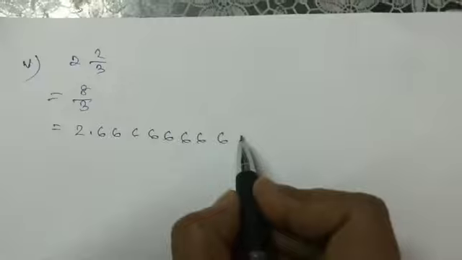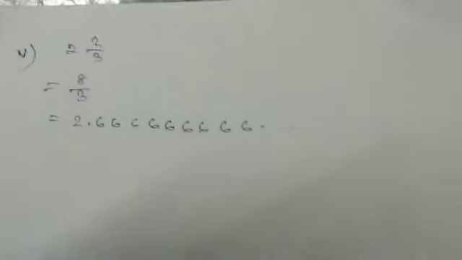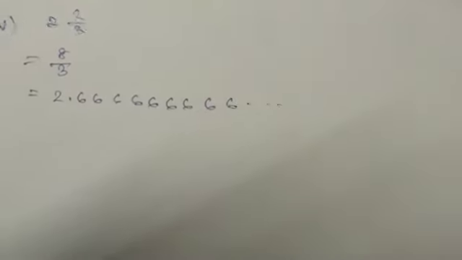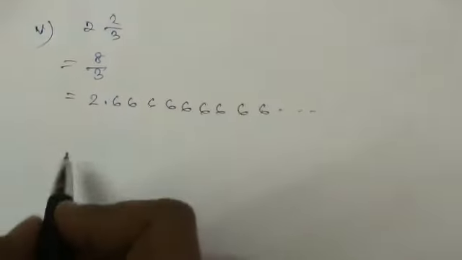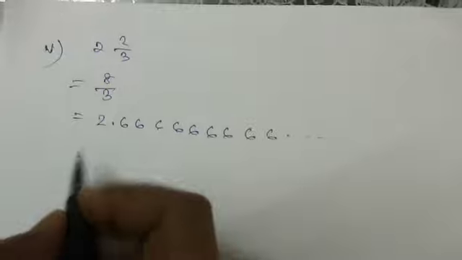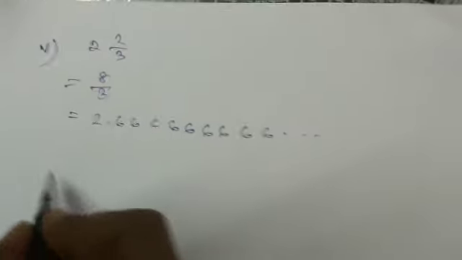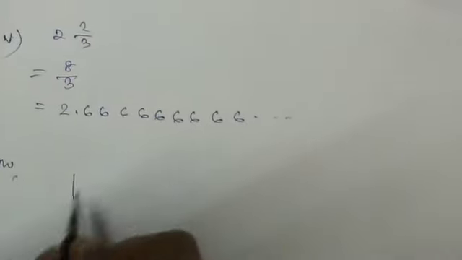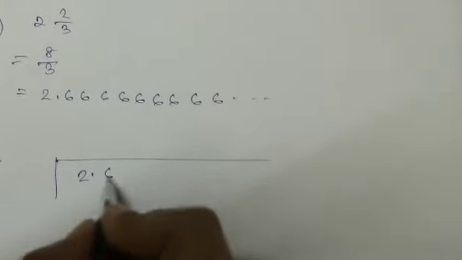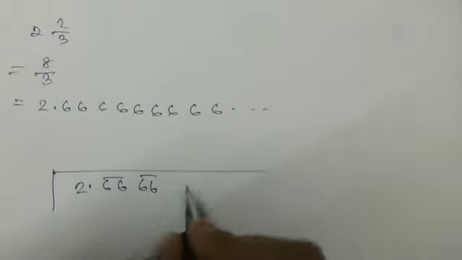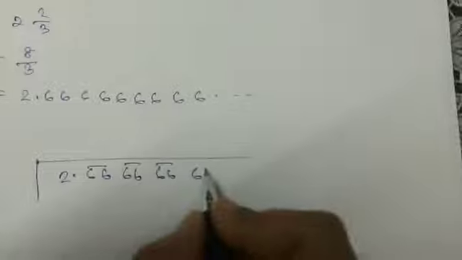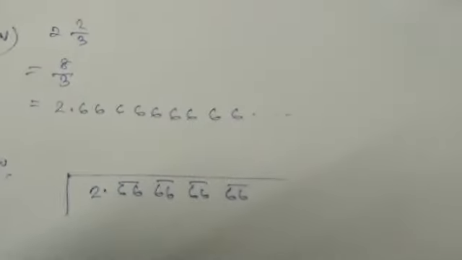But as we are finding 3 decimal place, so we need 4 pairs of numbers. Okay, so we will keep only 4 pairs. Here we'll start 1 pair, 2 pairs, 3 pairs and 4 pairs, right?